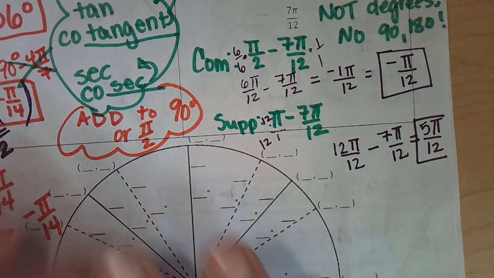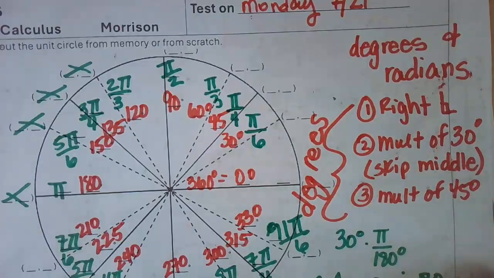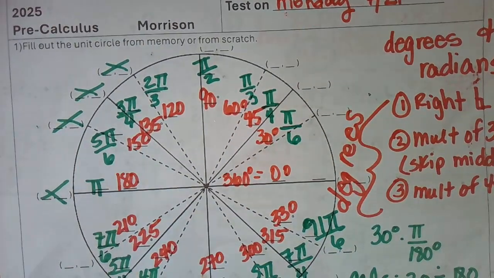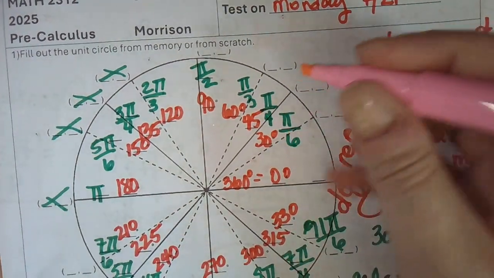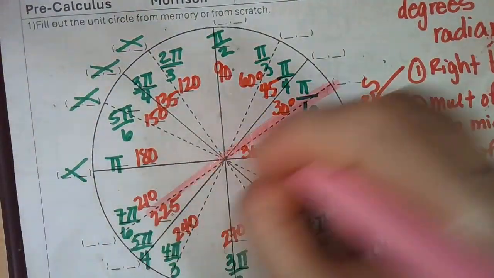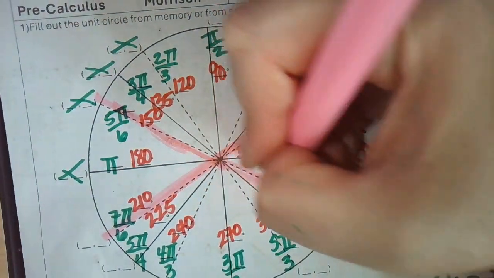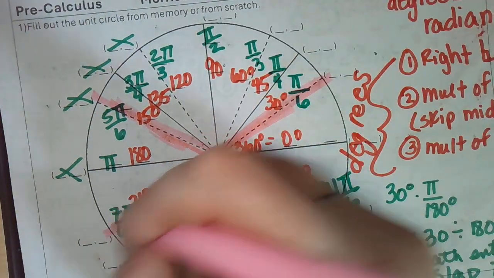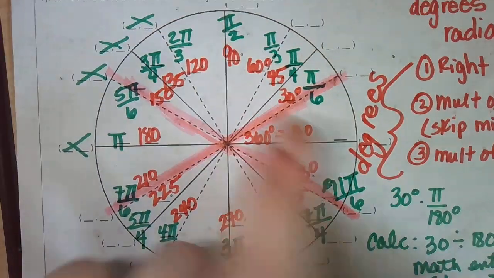All right, and then there's another blank circle at the bottom in case you wanted to practice. For that circle on the front, don't forget that if you trace the x's, you should have the same denominators. So for example, if I trace the x created by this pi over 6 and the other pi over 6, look, it makes an x from the denominators.